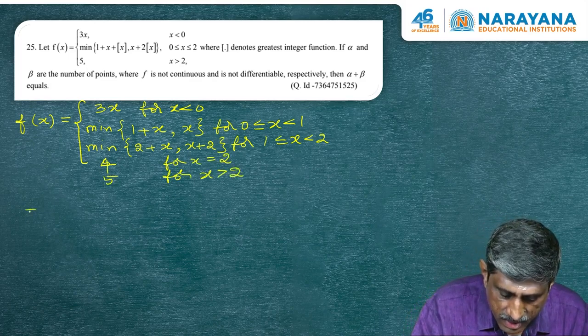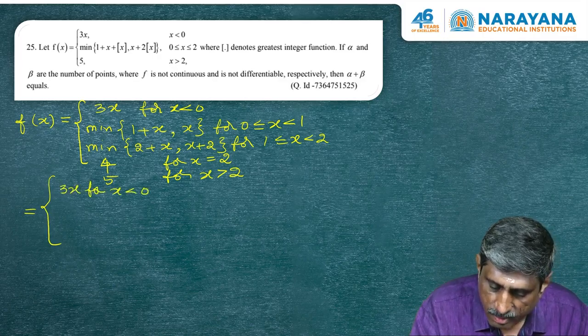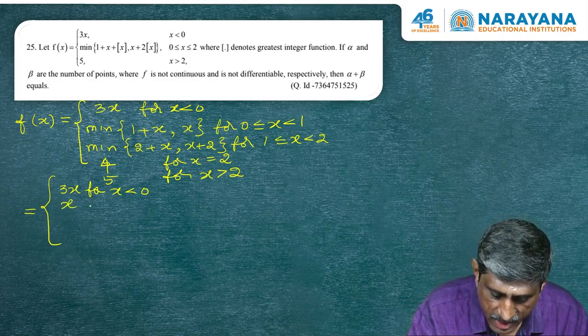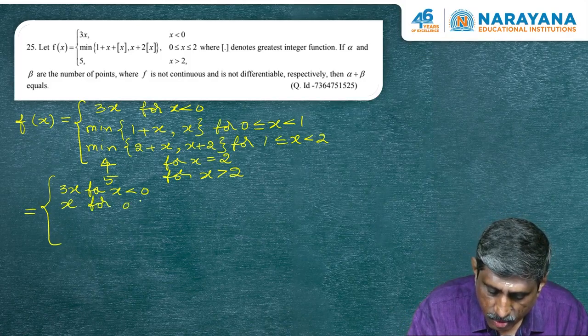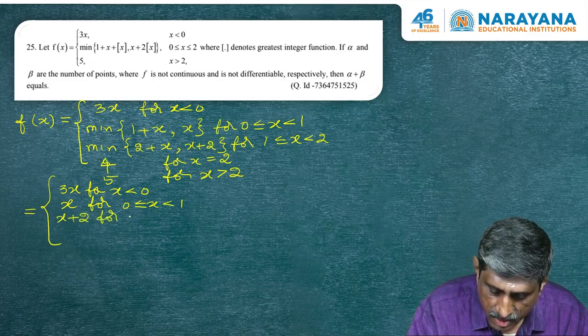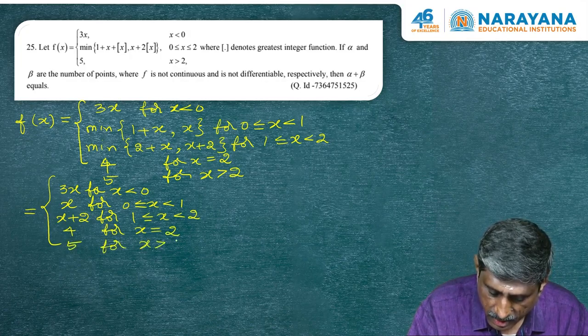And when we simplify this, it is going to become directly 3x for x less than 0, and minimum of 1 plus x and x, between 1 plus x and x, minimum is x. So it is x for 0 less than or equal to x less than 1, and it is 2 plus x, or simply x plus 2, for 1 less than or equal to x less than 2. At x is equal to 2, it is 4, and 5 for x greater than 2.